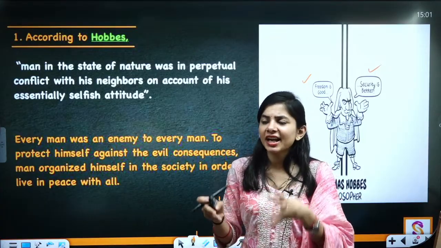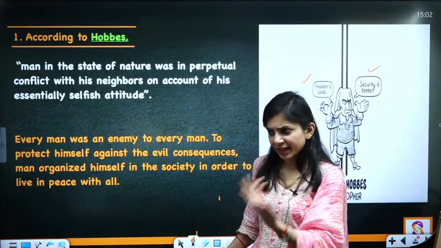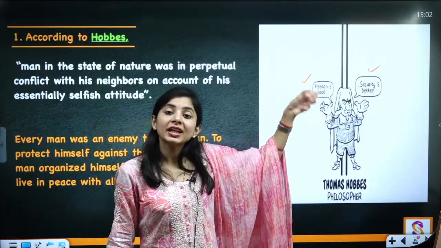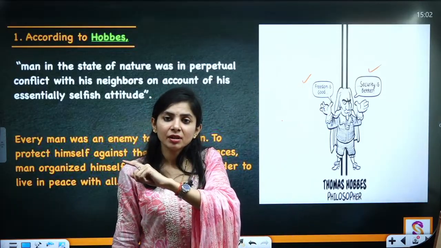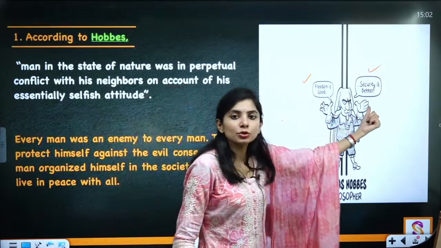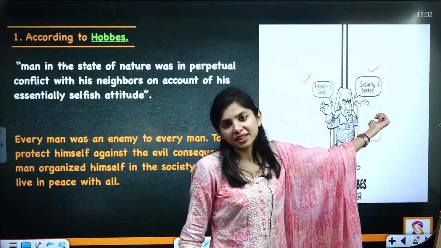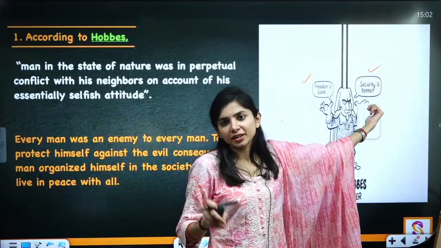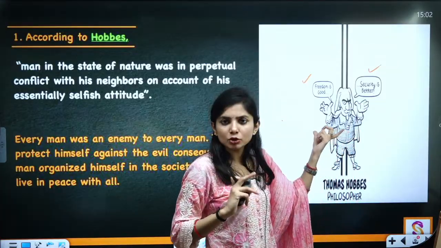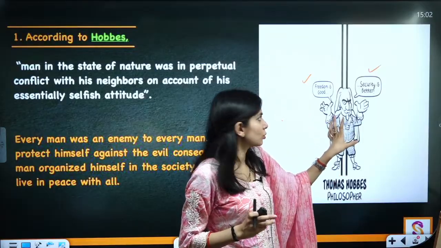Therefore, people had two choices. Either they can enjoy that freedom due to the lack of rules and regulation, or due to the lack of the state, or they can choose for the law to be there, the state to be there, the state to be ruled, and that's why there was some sort of a tussle between these two things.